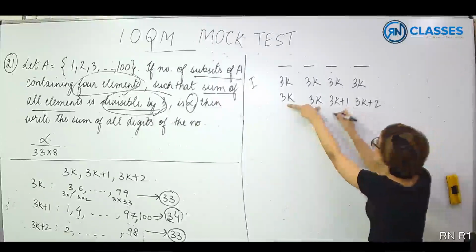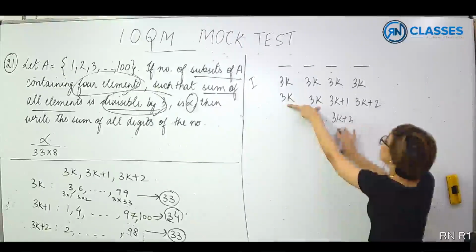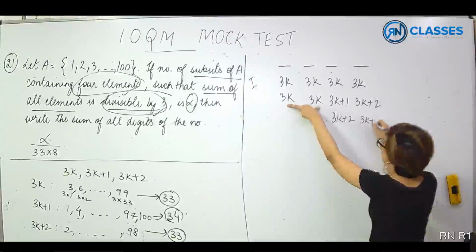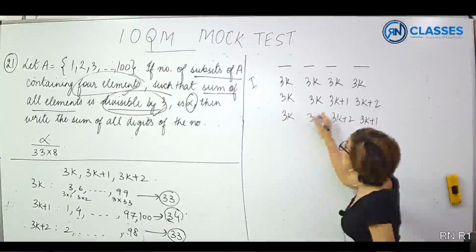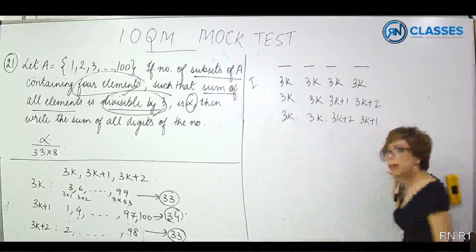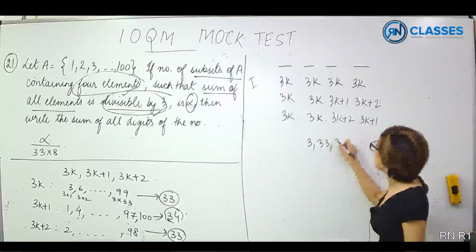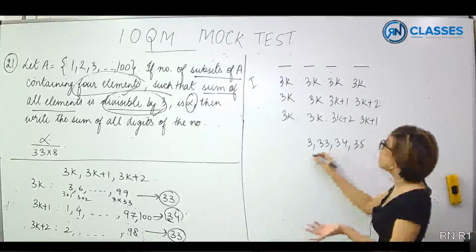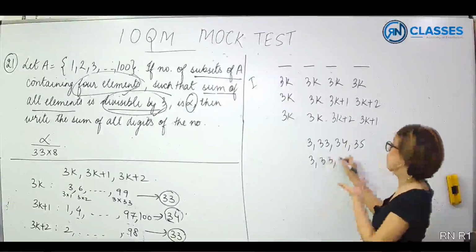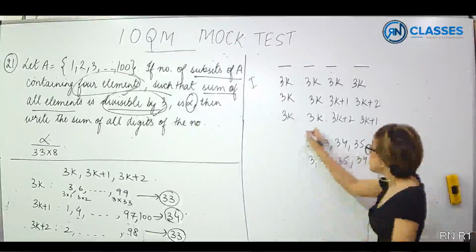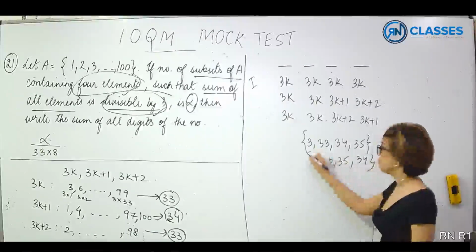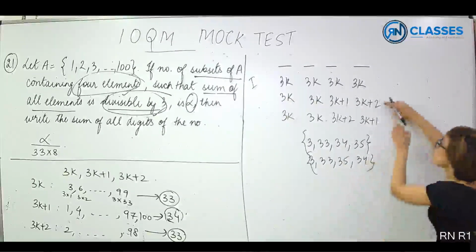Now, you can say, ma'am, you can put 3k plus 2 over here, and then corresponding to this, you can have 3k plus 1. Mind it, there is no difference between this and this. Why? You can take numbers like 3, 33, and you can take 34 and 35. Or you can take numbers like 3, 33, 35, and 34. Do you think this set is different from this one? Absolutely not. So mind it, these 2 cases are same.